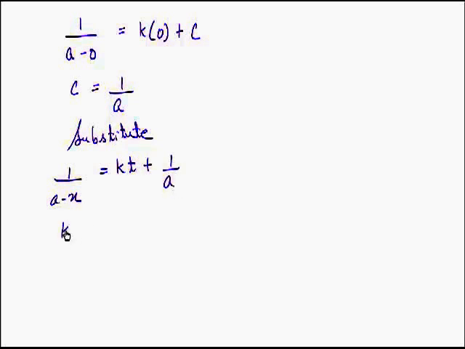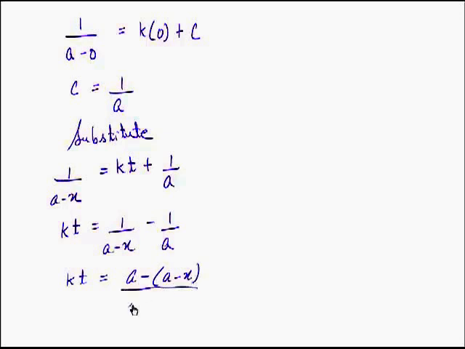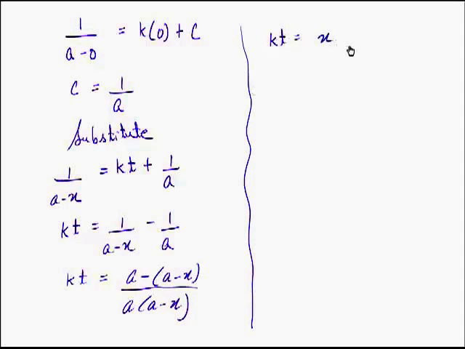We can always rearrange this and write it as kt is equal to 1 upon a minus x minus 1 upon a, and if we take the LCM on the right hand side, we get (a minus x) upon a into (a minus x), and if we further simplify that, we'll get kt is equal to x upon a into (a minus x). And since we need the expression for k, I'll make k the subject of the formula, and we can write the expression like this.